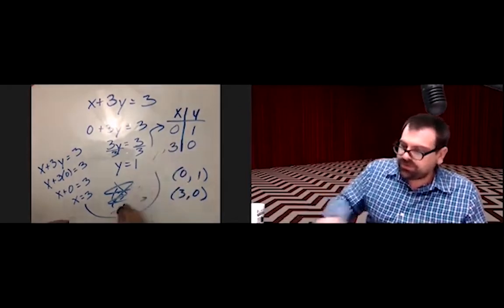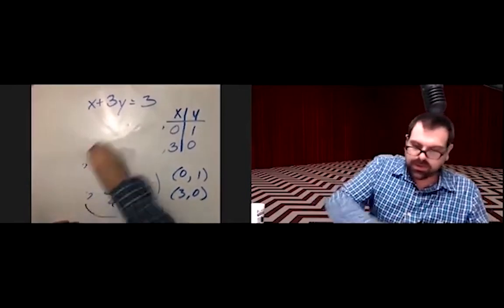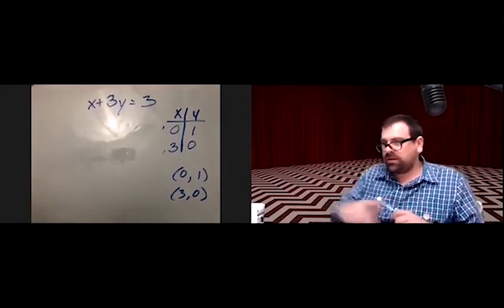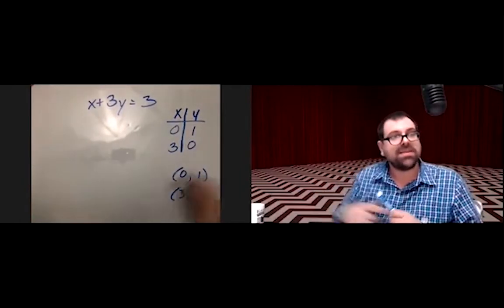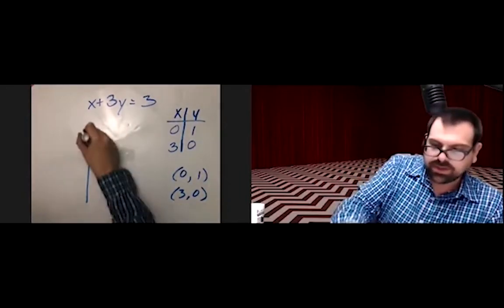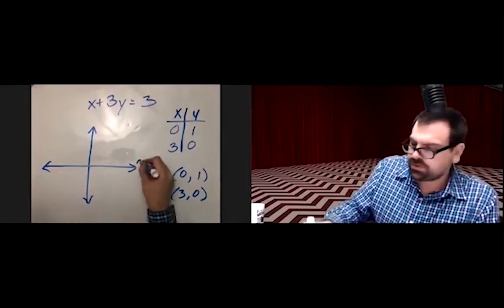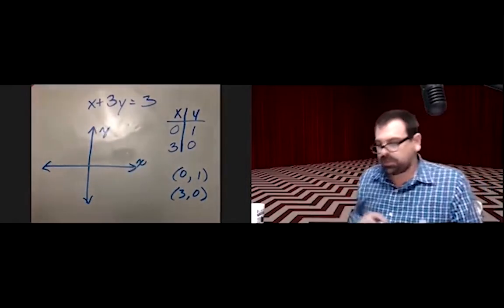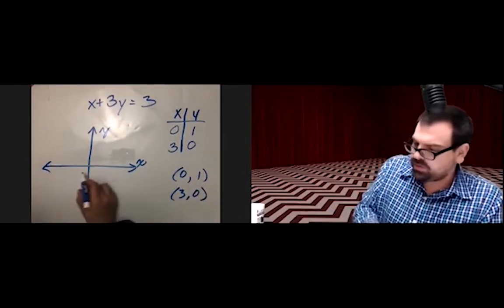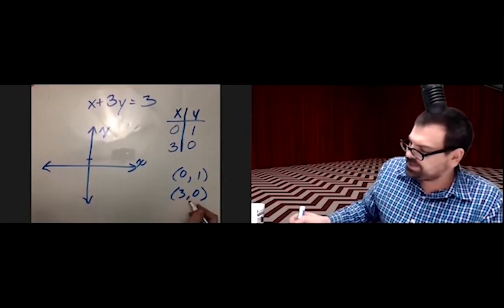But once we found our intercepts, the only time this won't work is when it's 0, 0, because that means it'll be the same for both, and we would need to pick another number to get a second point. But once you find your intercepts, all you have to do is plot them. 0, 1, so no movement on the x, but 1 up for the y. 3, 0.